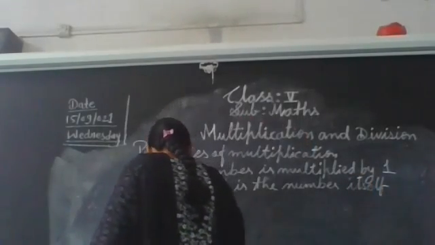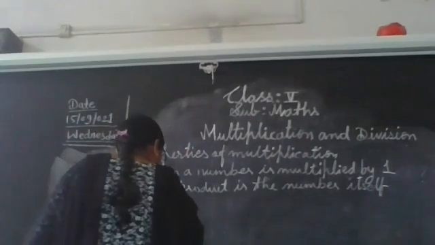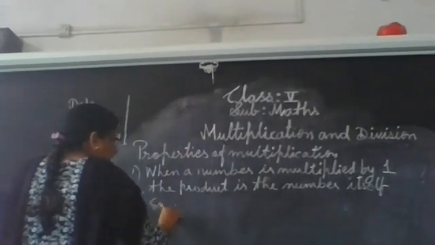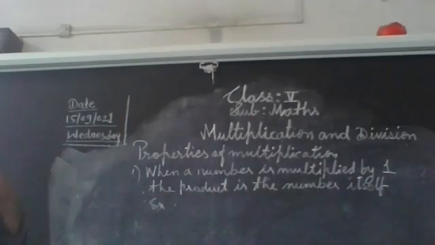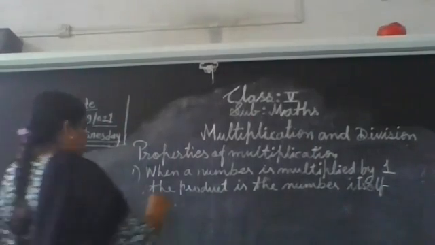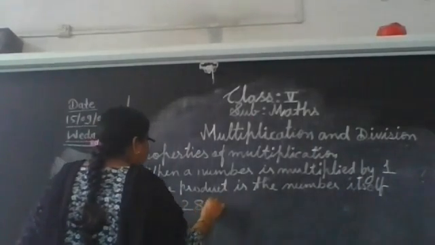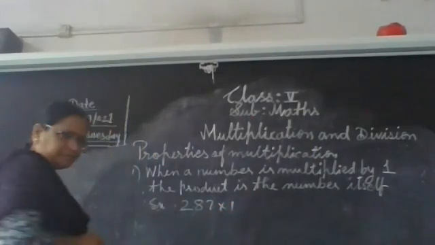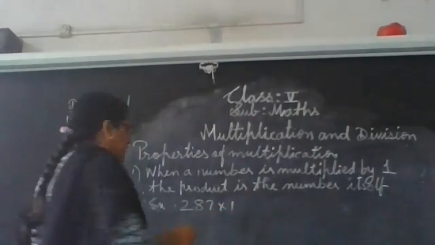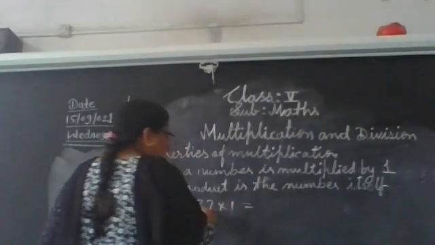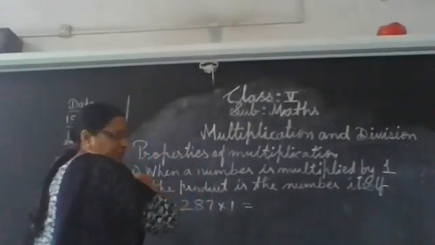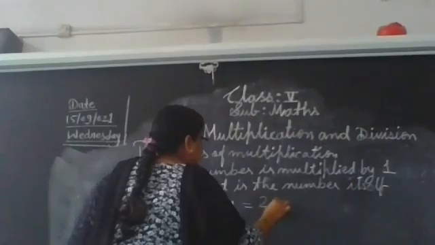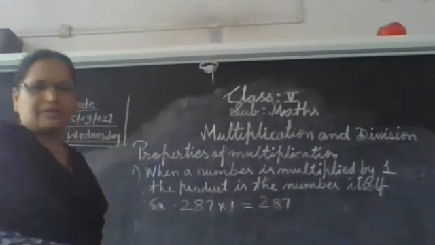For example, 287 multiplied by 1. What is the answer? The same number. 287 ones are 287.